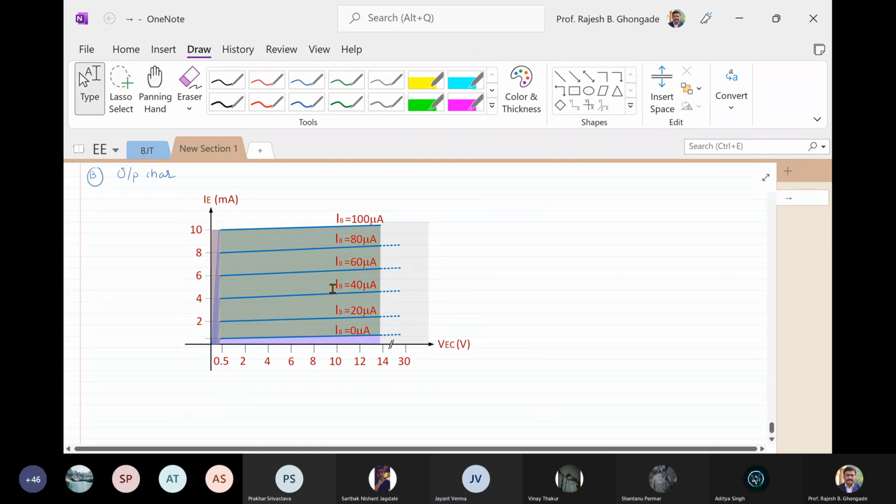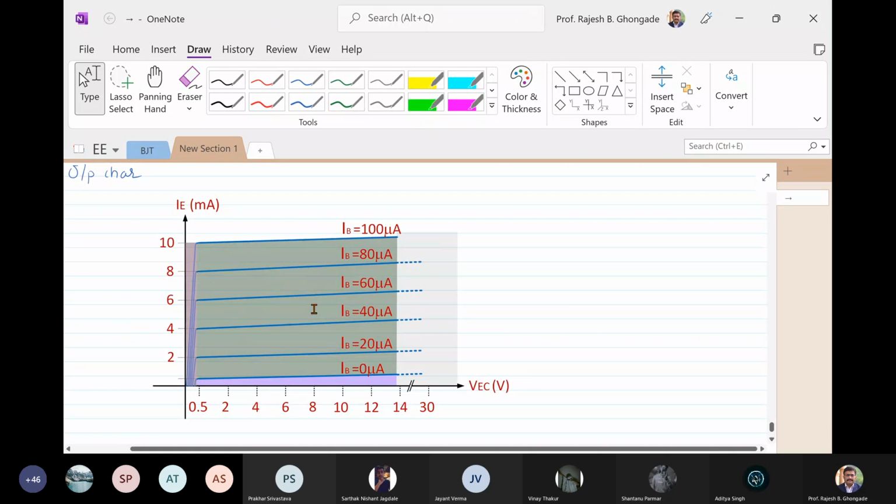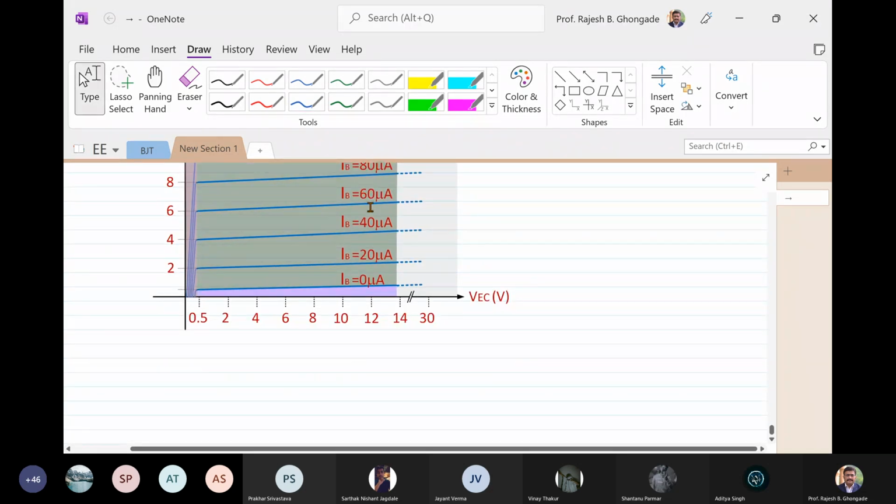Yes, sir. Again we see the three regions. But now the output current is emitter current and the input current is base current. So it's very similar to common emitter characteristics, very similar. That is the reason why I'm not going into more details. Observations are exactly the same.